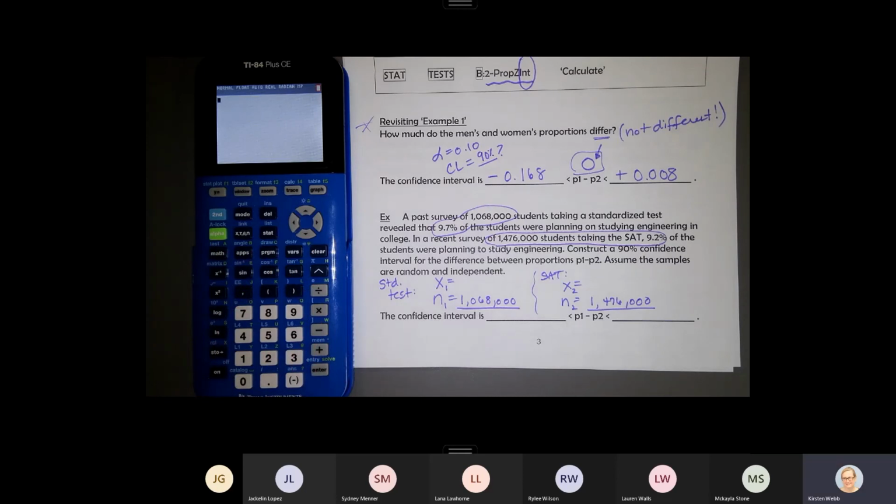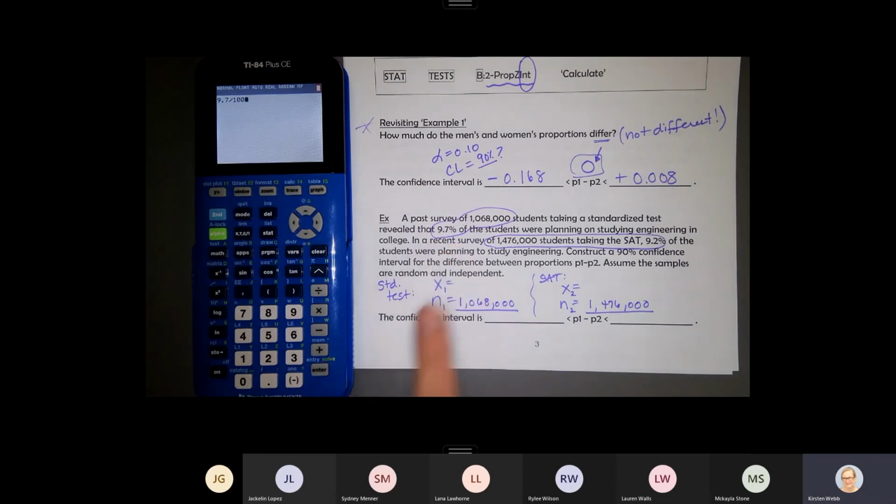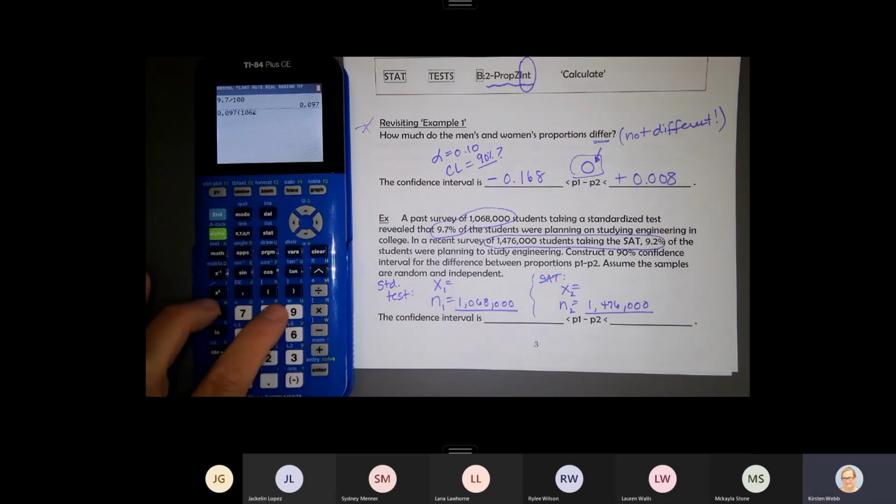Looks like another instance where we're not given the raw numbers, but we have a percent instead. So we'll want to think about changing that to a decimal. Dividing by 100 or moving the decimal 2 places to the left is a good way to do it. So for 9.7% of 1,068,000, we would multiply 0.097 by that big number there.